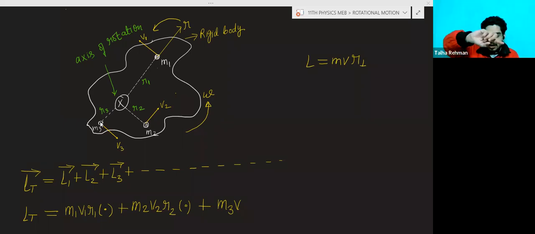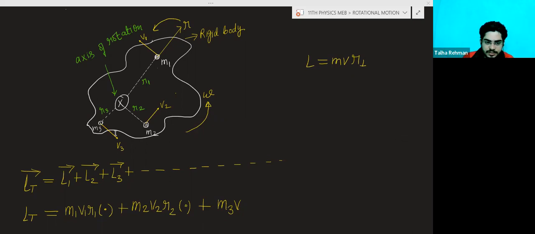If you are moving r to v clockwise, the direction of angular momentum will be inward. But you cannot say that the direction of angular momentum is anti-clockwise, because anti-clockwise is not a direction. The direction of angular momentum is always axial, because it is an axial vector. Anti-clockwise and clockwise are just for easy understanding.